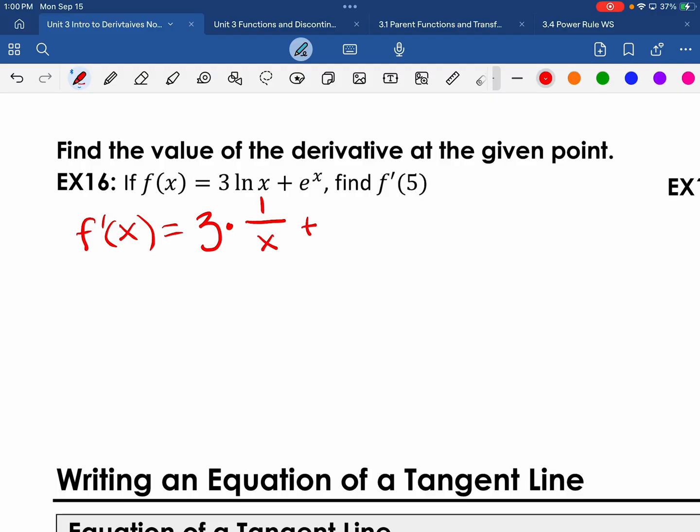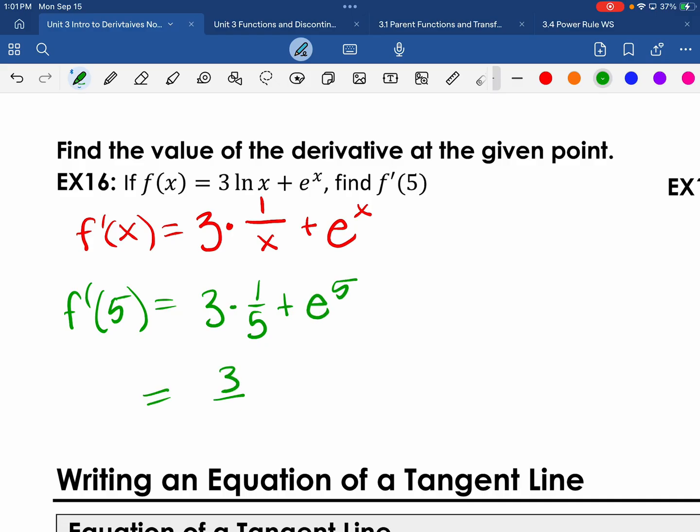Plus the derivative of e to the x, which is e to the x. Now that we have our derivative, what are we going to plug in for all my x's? 5. So I have 3 times 1/5 plus e to the 5th, which you can just write as 3/5 plus e to the 5. And if you didn't have a calculator, you couldn't go any farther.